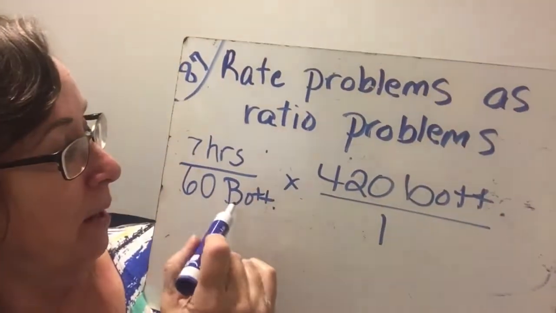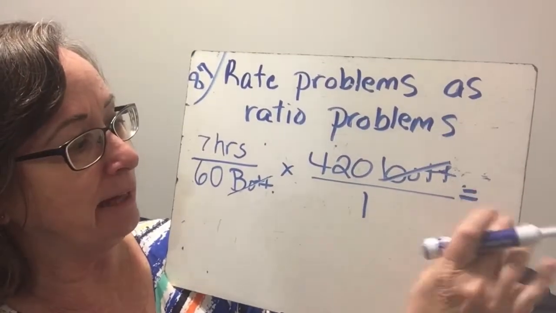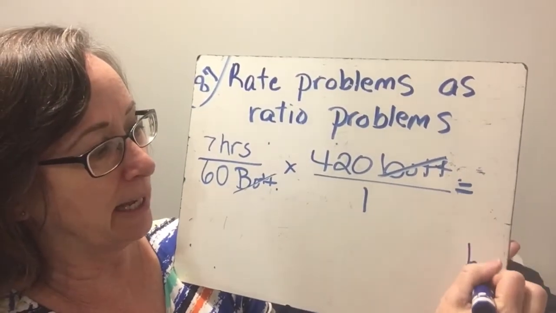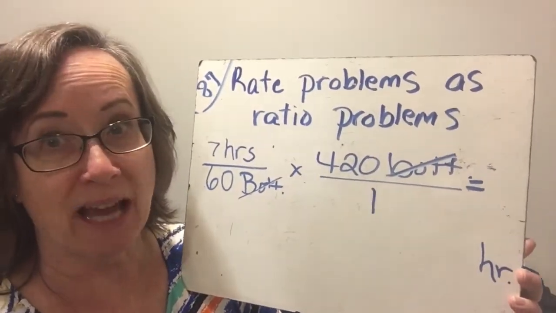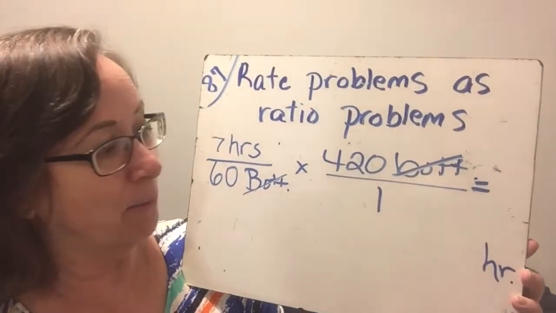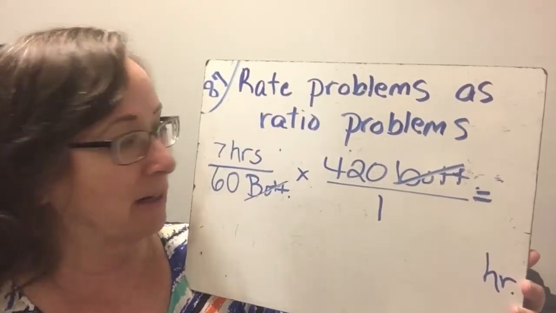And now my bottles is going to cancel my bottles and leave the only unit that's left is hours, which is what the question was. The question was how many hours to cap 420 bottles. So hours is the only thing left and it's on top, so I know that I'm doing it correctly.